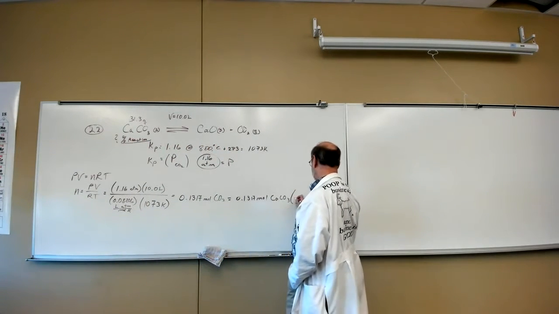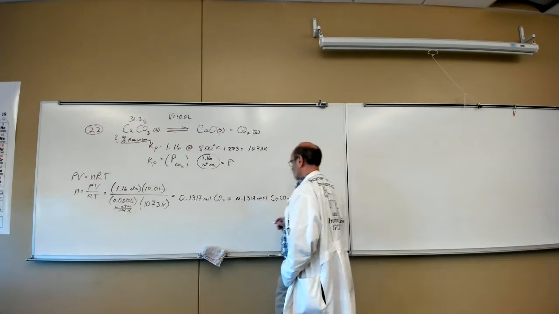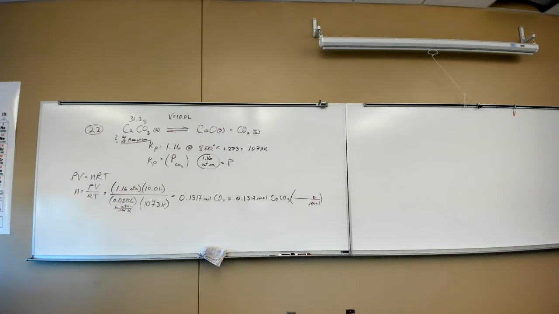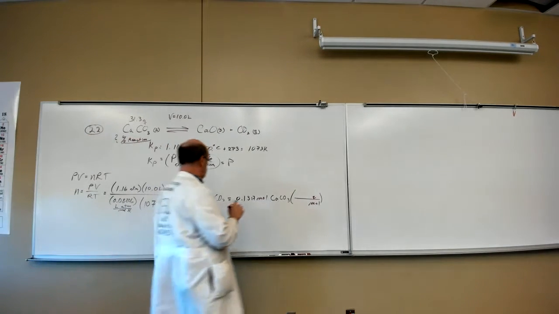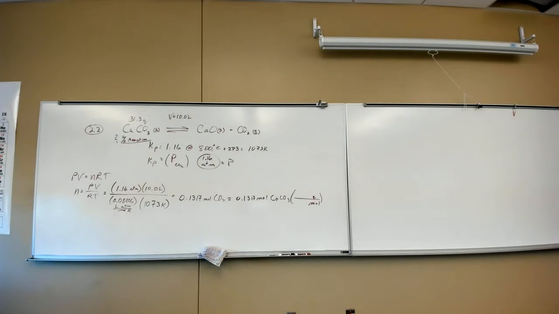So what we need is the molar mass of calcium carbonate. I don't have to look it up, I calculated it: 100.1. Right, 40 plus 12 plus 48.